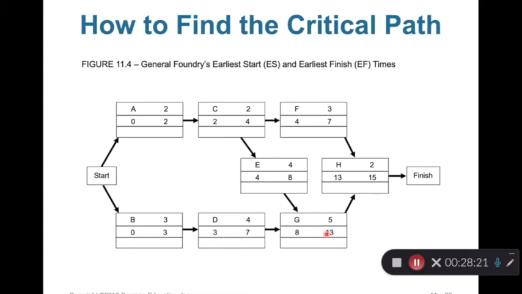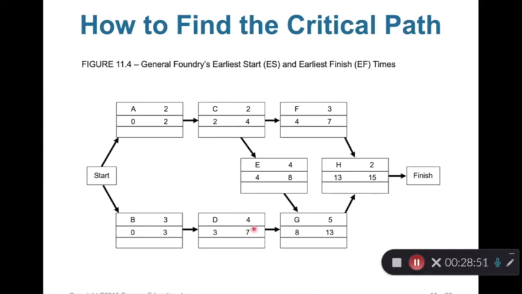But here I want to explain why we needed to choose the maximum or the largest EF among immediate predecessors. Because we needed to follow the relationship rule. What does it mean by the relationship rule? For example, if we don't choose 8, we choose 7, we want to see what would happen.